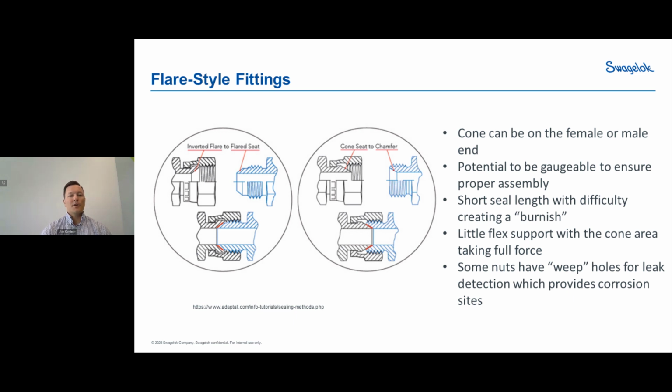So what we're going to do is stay on these metal to metal flare-ish style connections for just a bit and then revisit our table in a few slides, because they're all variations on the same theme of that interaction of two metal parts creating a seal through burnishing.